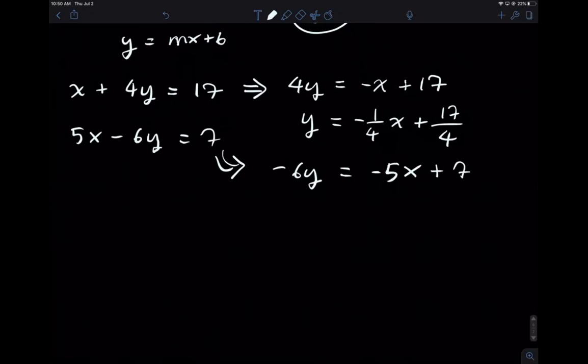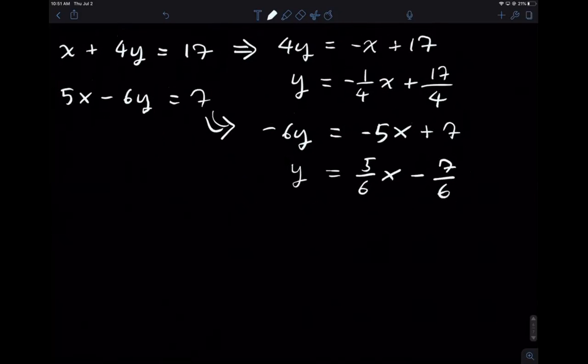So we get y equals 5/6 x minus 7/6. I tried to divide using decimals, but it's repeating. Yeah, if you divide it using decimals, it's a repeating decimal. But you can just leave it like this.